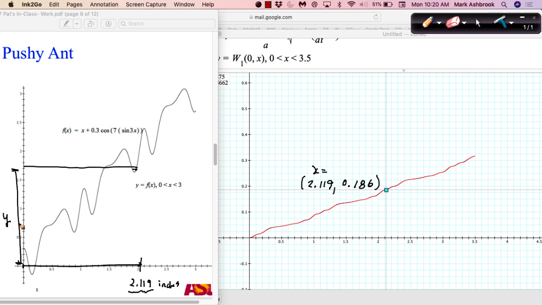That's less too, right? So I want to know at 2.119 for x, how far has the ant walked? Yeah, that's the arc length function, right? We did that. So if I want to know how far it's gone at 2.119, I'm going to do arc length.